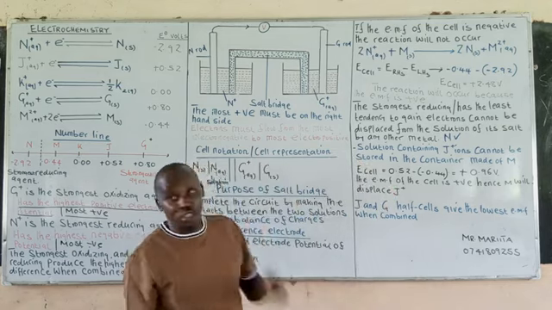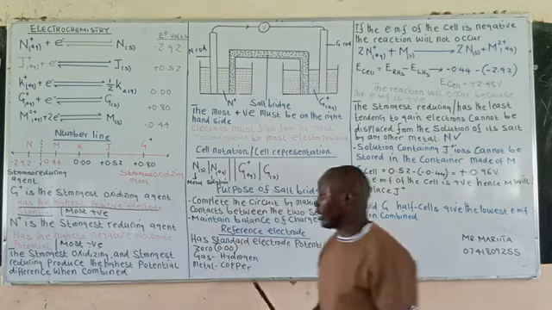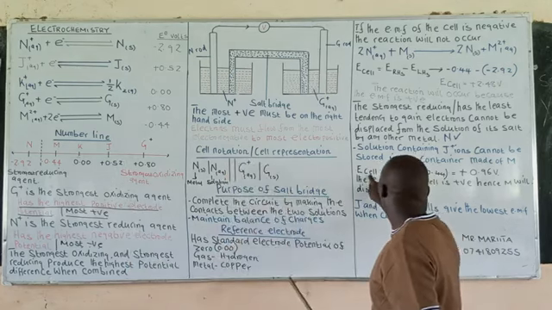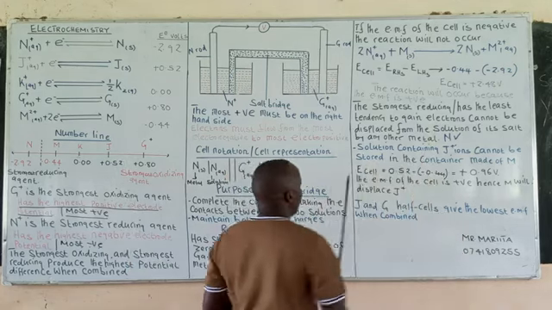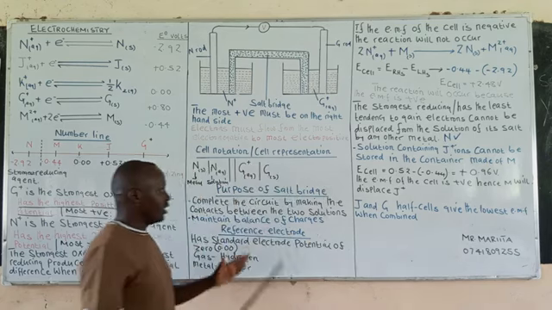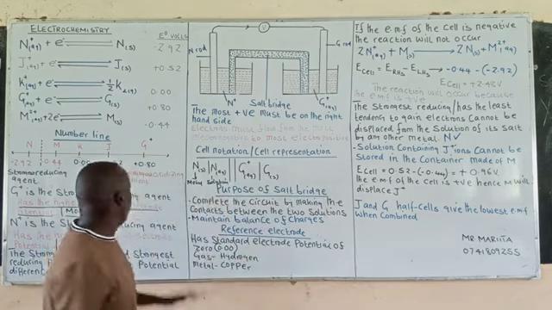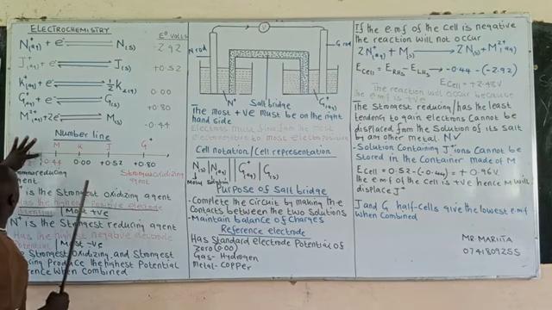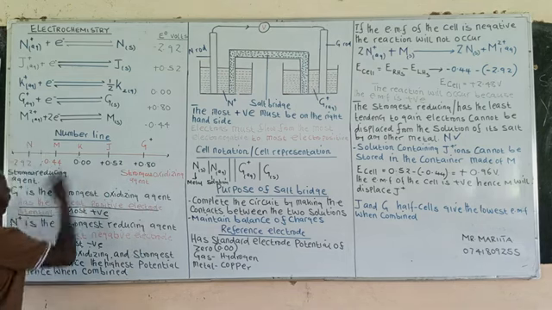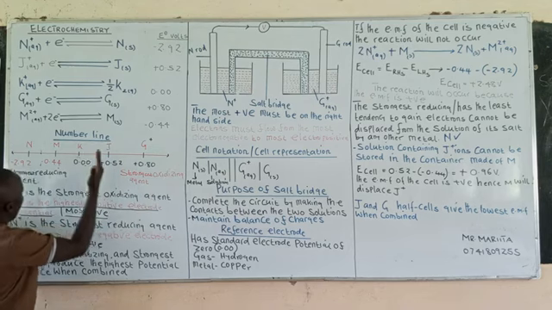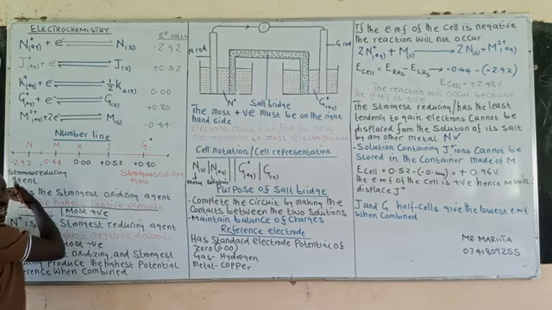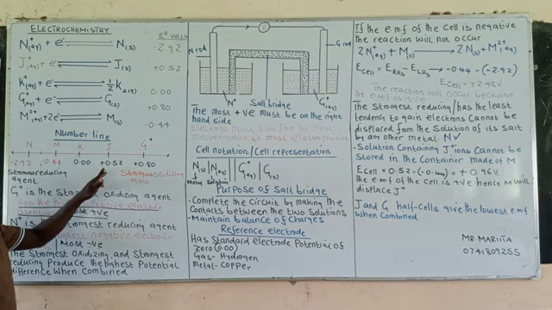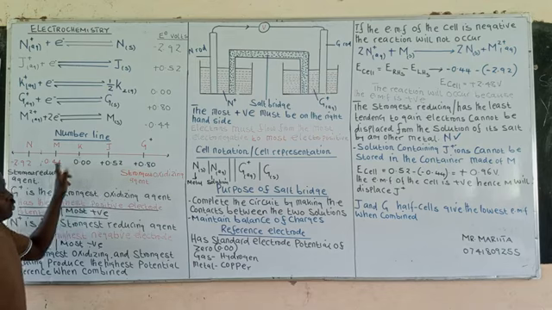In that case, you need to use a number line. The E of the cell is the standard electrode potential on the right hand side minus that on the left hand side. Here we have J and M. So J is at the right hand side and M is on the left hand side. So you take positive 0.52, you subtract negative 0.44.